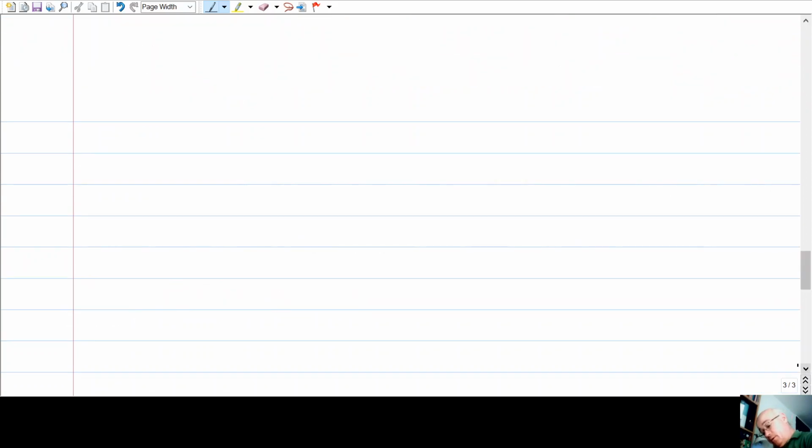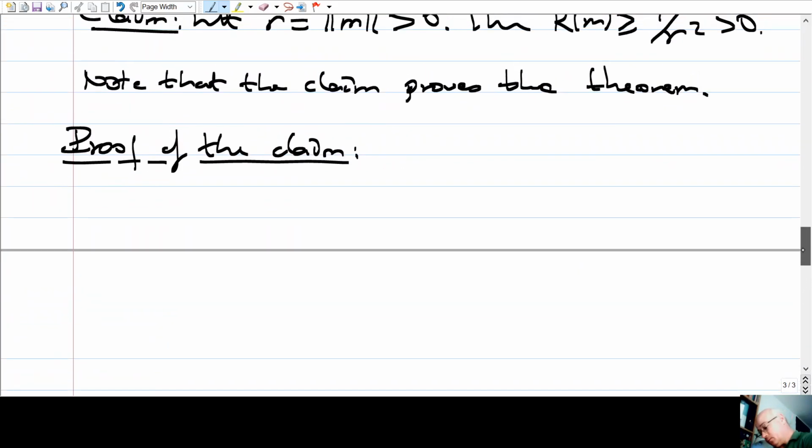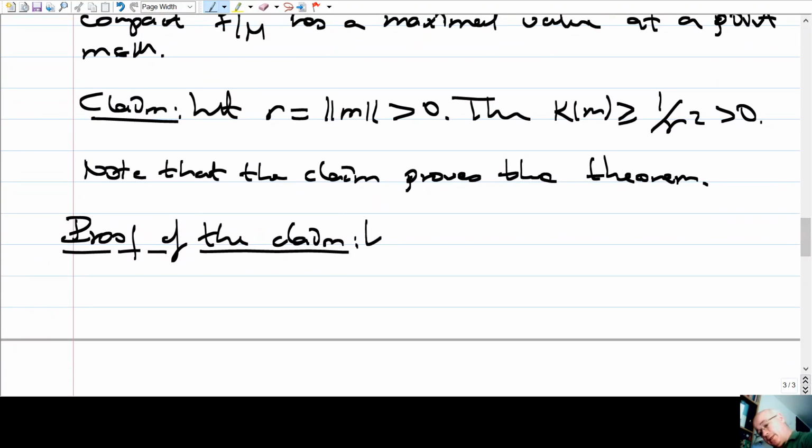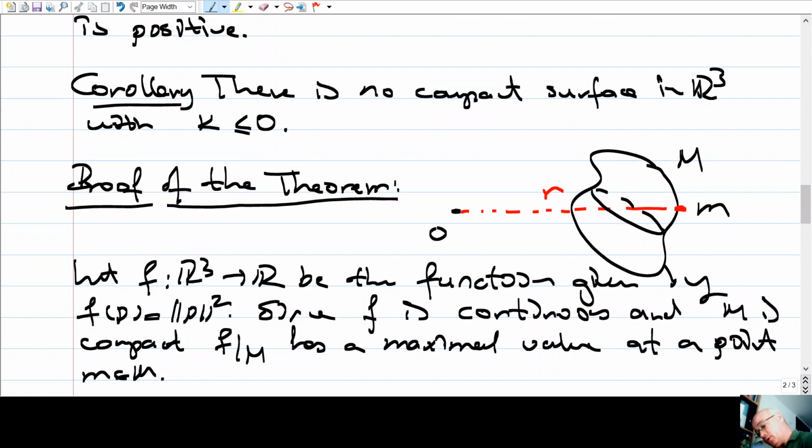Okay, for this, let u be any unit tangent vector to the surface at this point. So u is a vector like this.